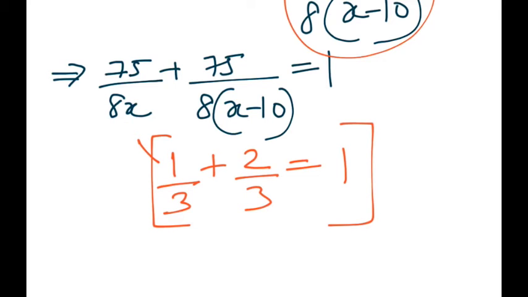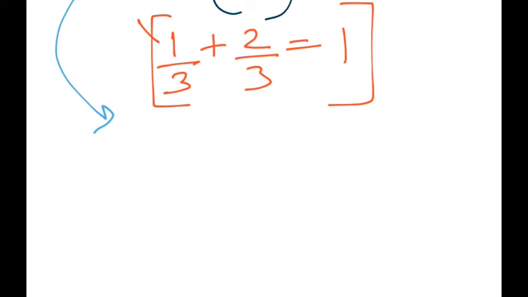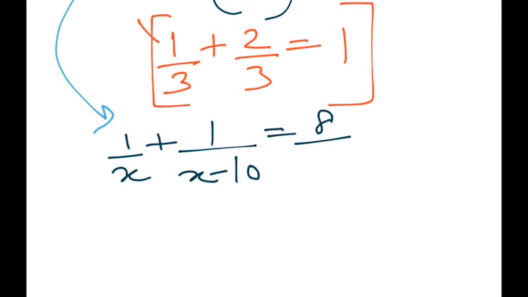Okay, now solving this equation, we get 1 by x plus 1 by x minus 10 equals 8 by 75.